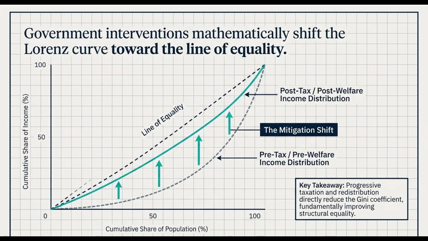Now, let's see the government intervention. So, let's see how government policies can reduce inequality. Okay, so before taxes and welfare programs, income distribution is usually highly unequal, right? After redistribution policies are applied, the Lorenz curve moves closer to the line of equality. See?